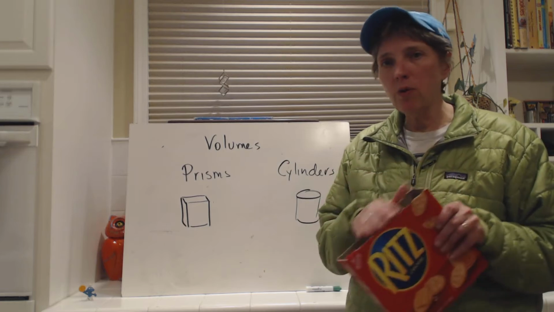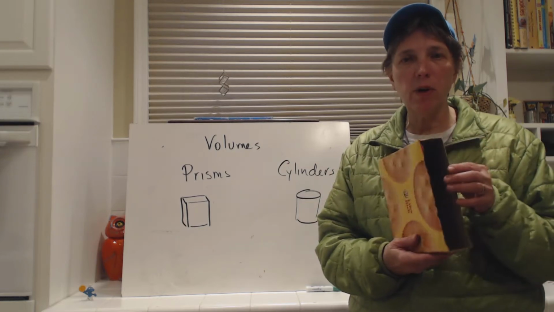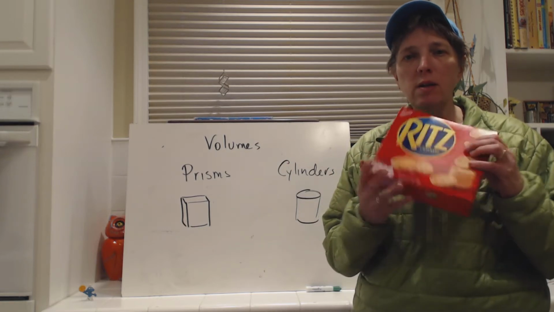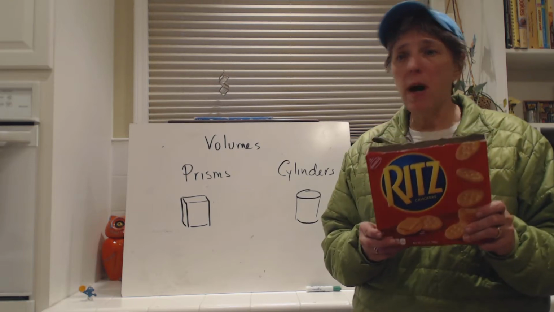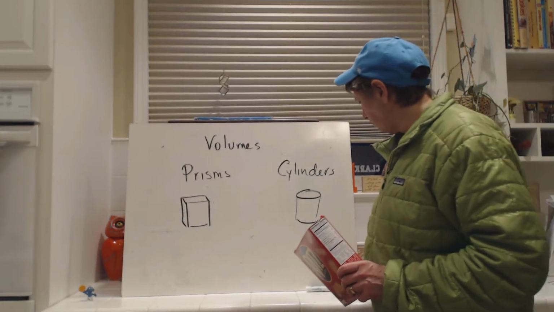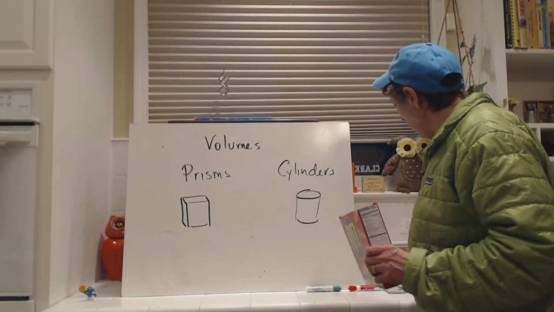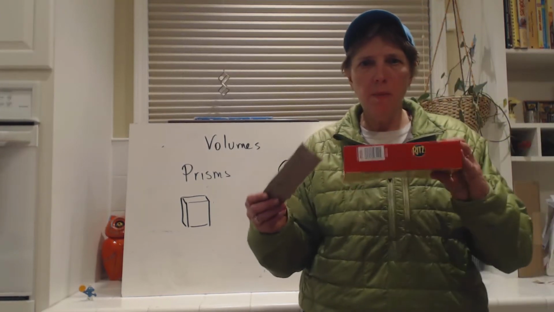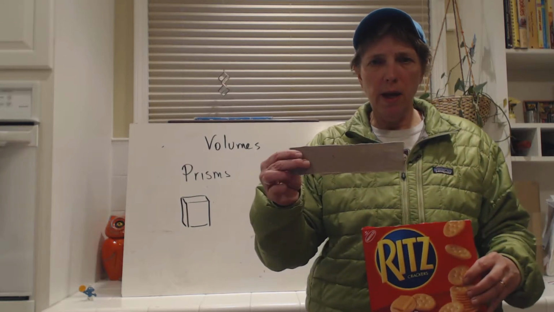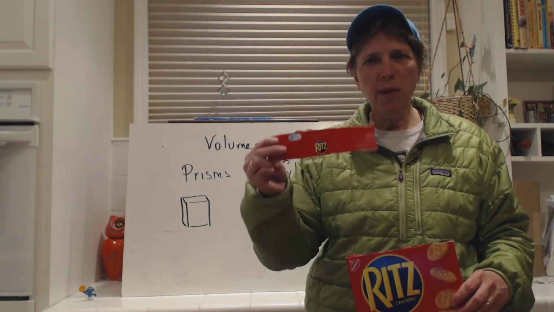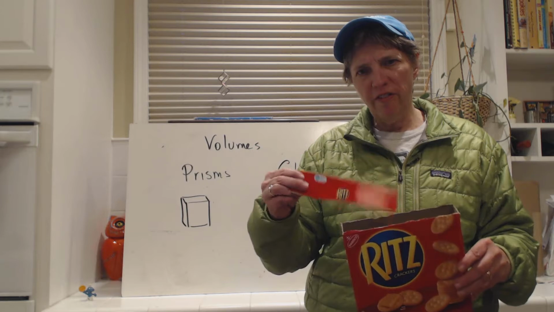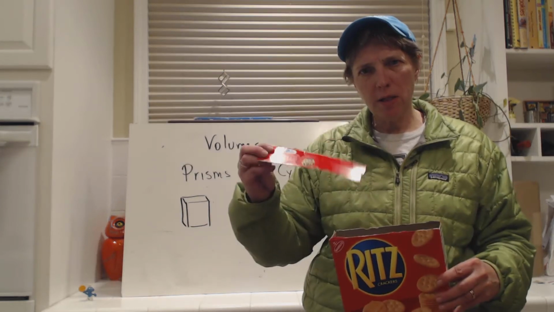So when we do this, we don't have to figure the top in it. We need to know the measurements of the box. So here's the prism, and what you want to think about is the base. Here's the base. How many of these bases will fit in this box?